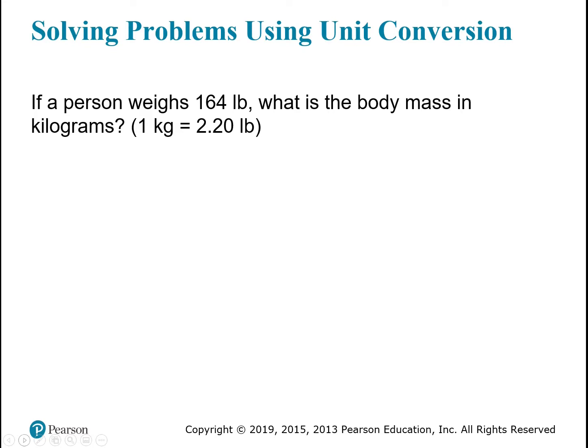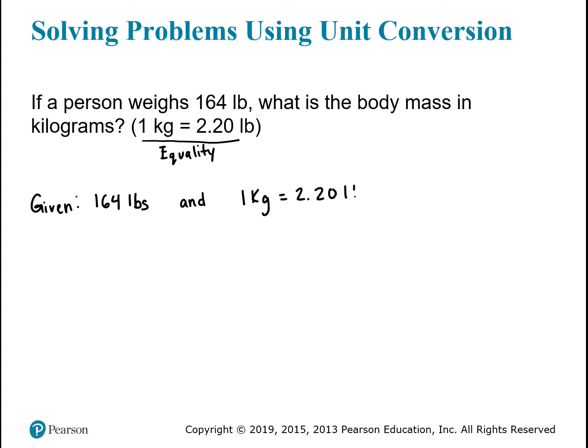Here we go. If a person weighs 164 pounds, what is the body mass in kilograms? And we're given this equality: 1 kilogram is equal to 2.20 pounds. So we're starting off with 164 pounds and the equality 1 kilogram is equal to 2.20 pounds.